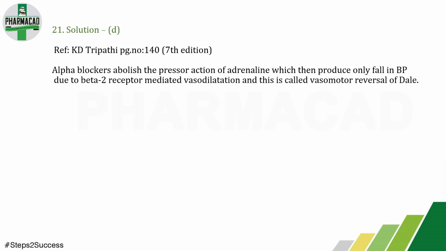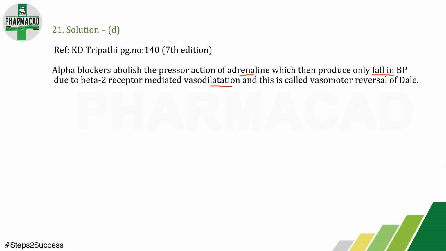So alpha blockers, they will abolish the pressor action of adrenaline. Okay, alpha blockers obviously will antagonize the action of adrenaline, because of which there is a fall in blood pressure due to the beta 2 receptor mediated vasodilation.